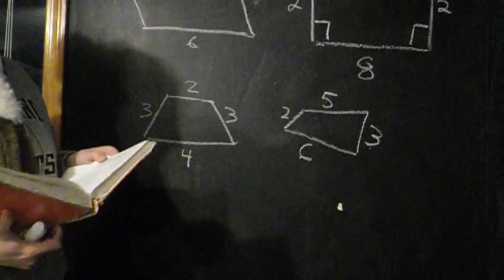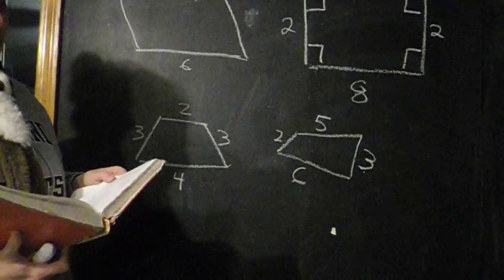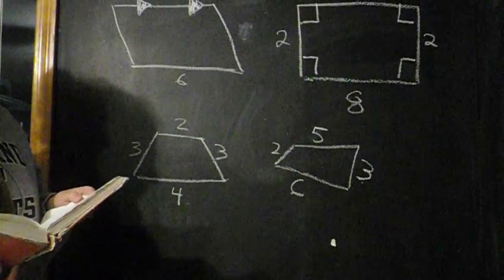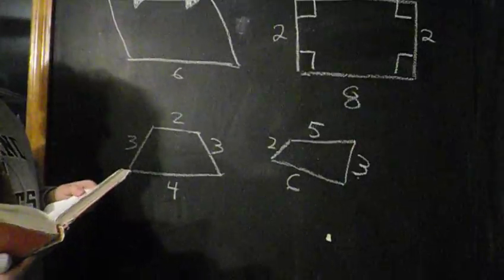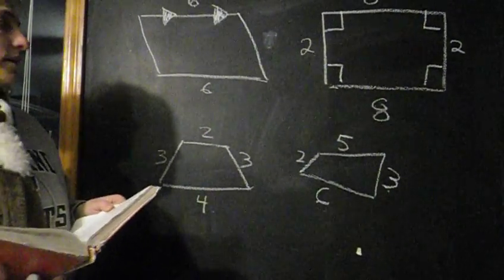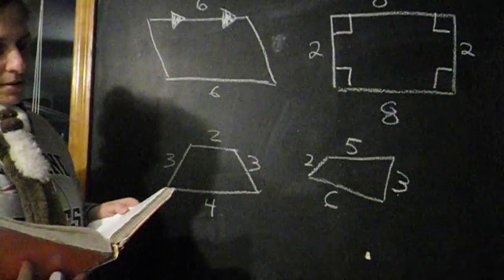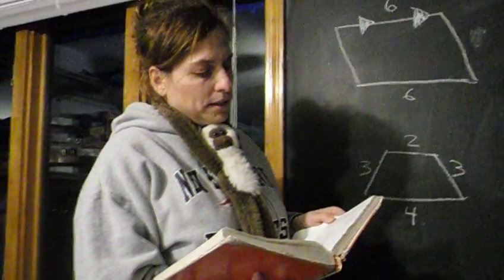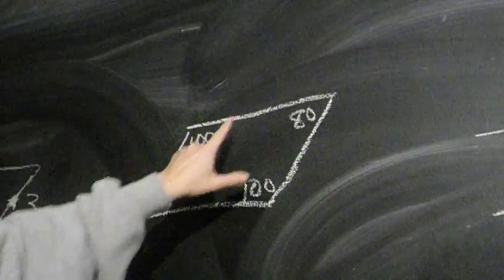Theorem 4.6 says if both pairs of opposite angles of a quadrilateral are congruent, then the quadrilateral is a parallelogram. I didn't say that right at first. Over here, I have both pairs of opposite angles congruent.